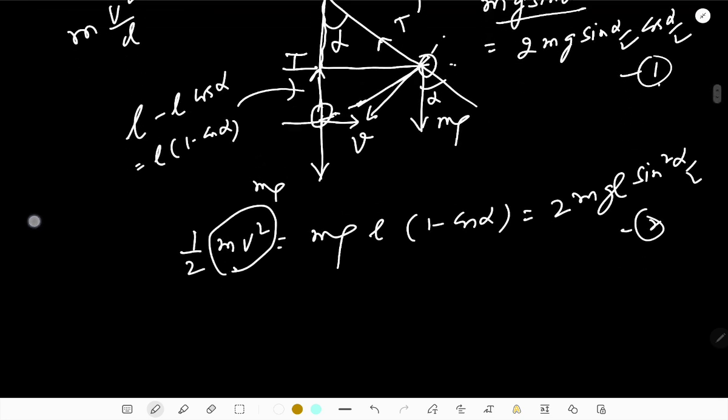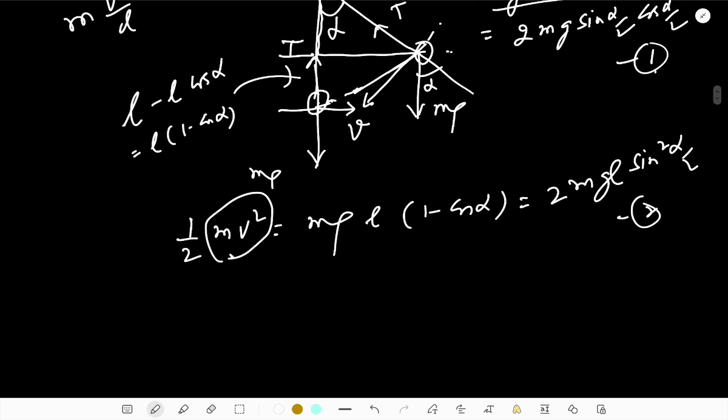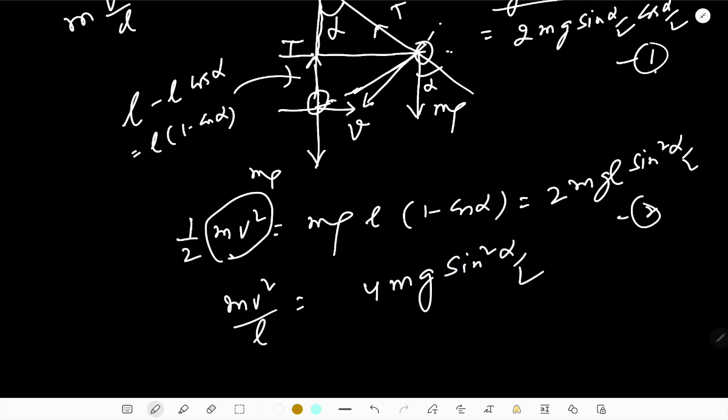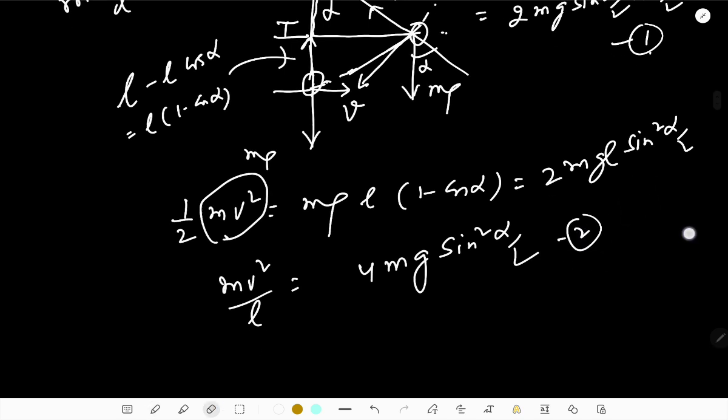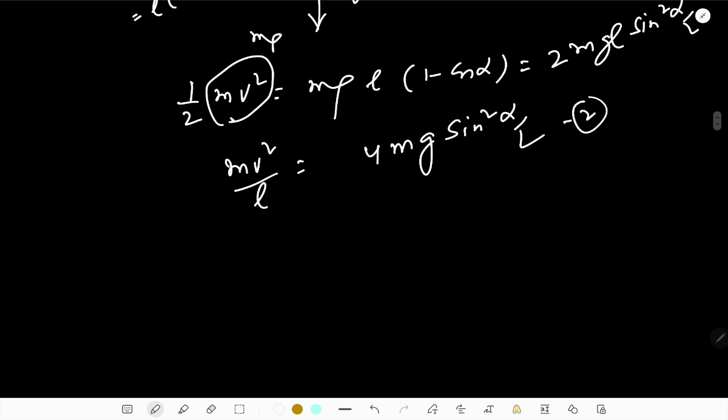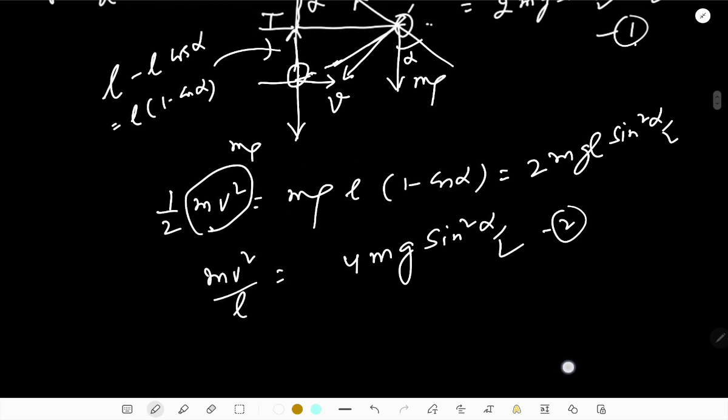So that mv square by L becomes 4 mg sine square alpha by 2. And this should be our equation number 2, so that I can equate both 1 and 2.